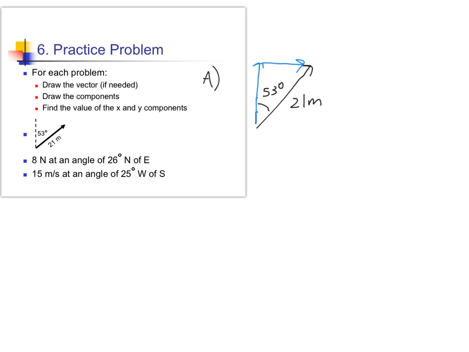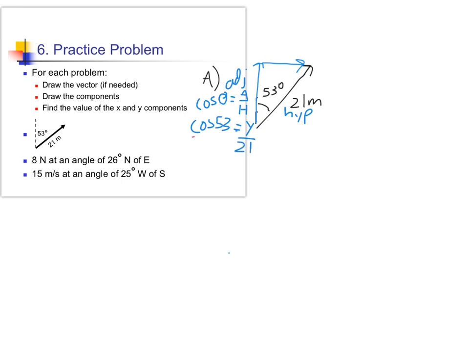Now that I have that, I want to find the two sides, and really it's just a matter of doing some trig here, right, using SOHCAHTOA. So this is the adjacent side of the triangle. This is the hypotenuse, so we know that cosine of theta is equal to adjacent over hypotenuse, so I can say cosine of 53 is equal to y, that vertical component, over the hypotenuse, which is 21.